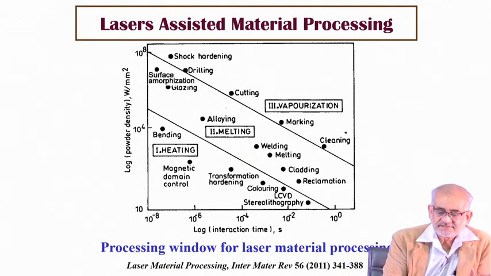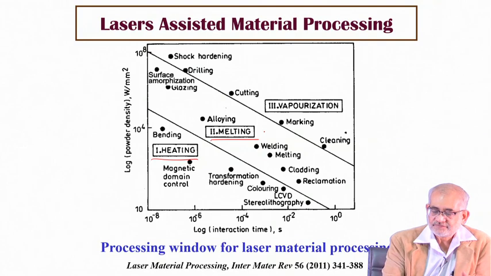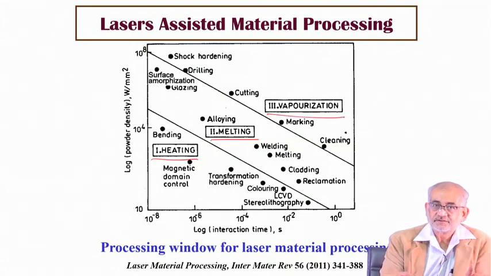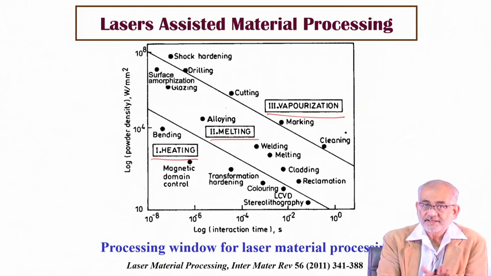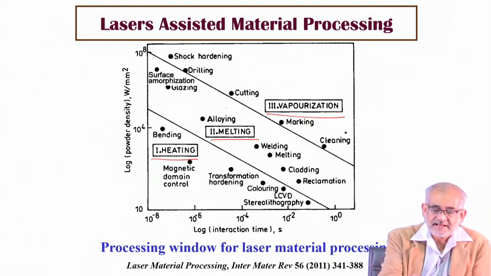As I said, you can do three types of processing: only heating within the solid state, or melting then solidification, or vaporization, condensation. So these three baskets can all be controlled. Any type of laser assisted material processing one can think of can come in this XY space.